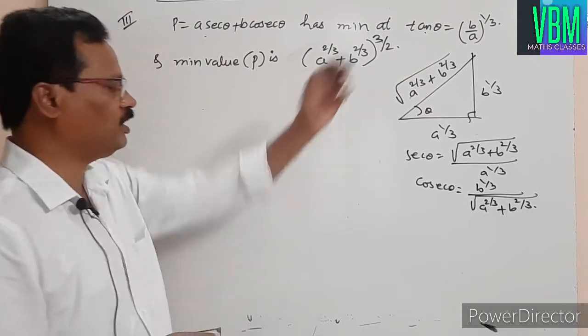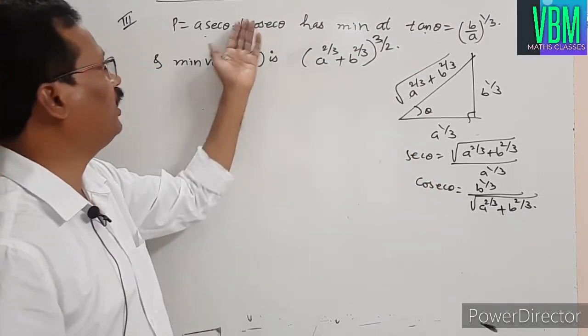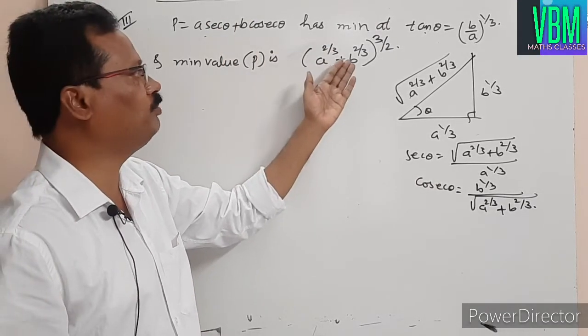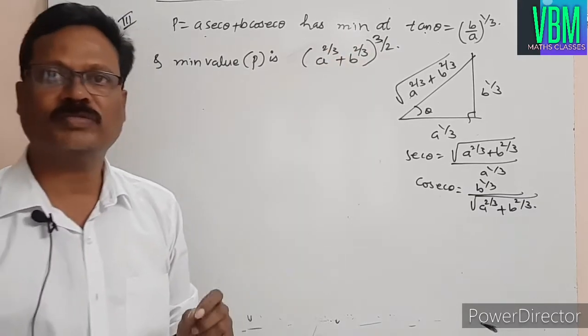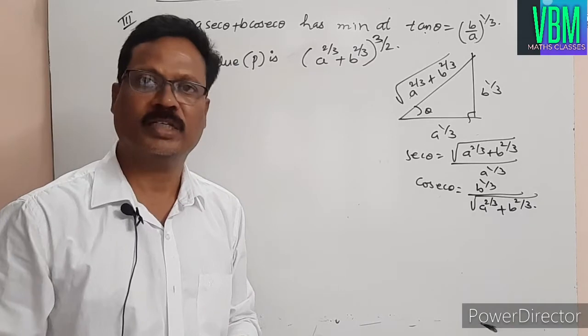See here, after this, sec theta right here and cosec theta right here, simplify. Its minimum is A power 2 by 3 plus B power 2 by 3 whole to the power of 3 by 2.